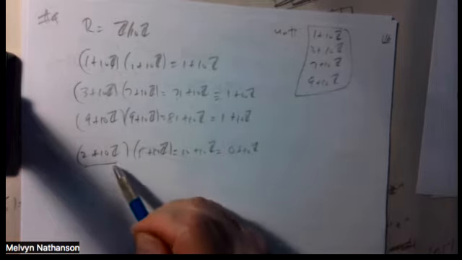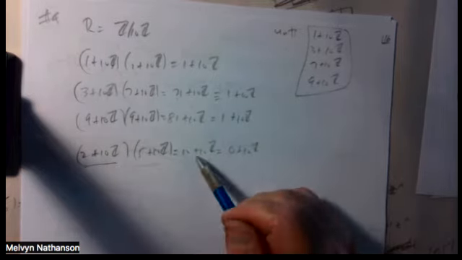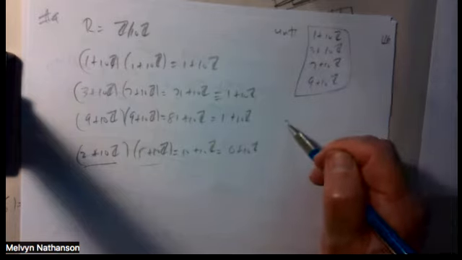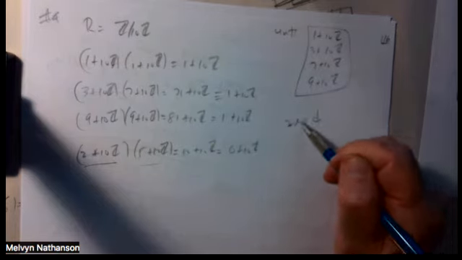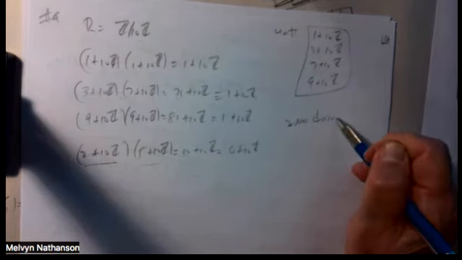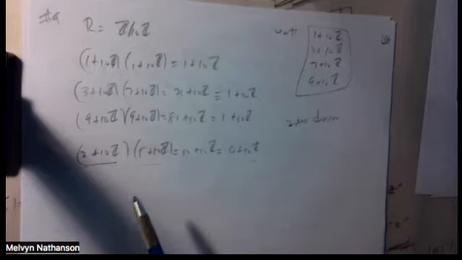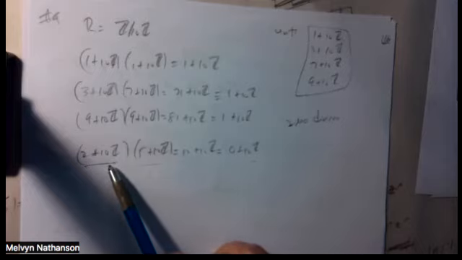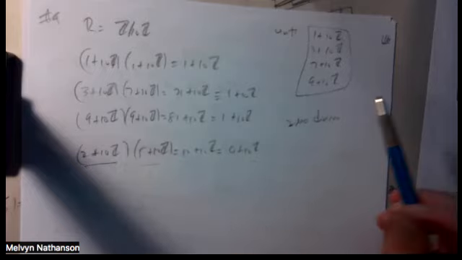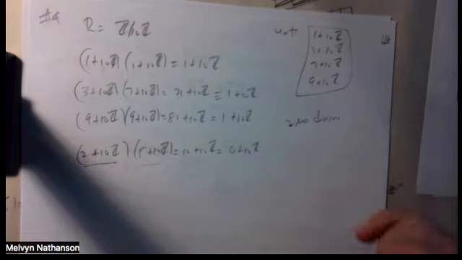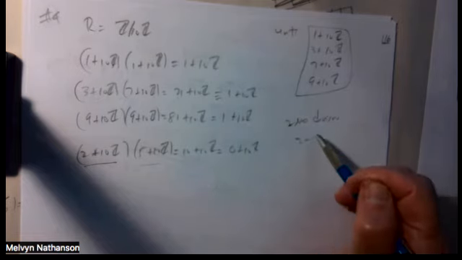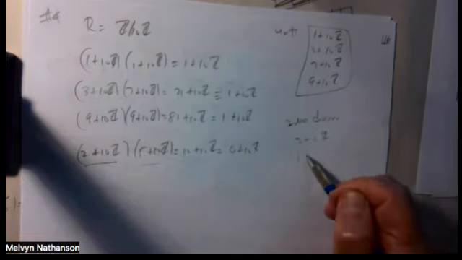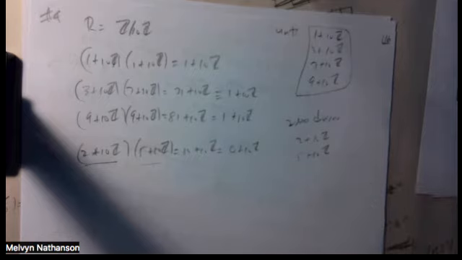So this is a non-zero element and this is non-zero, but the product is 0. So if I'm interested in zero divisors, remember a zero divisor is an element x where there's a y and xy is 0, but x isn't 0 and y isn't 0. So 2 and 5 are zero divisors.